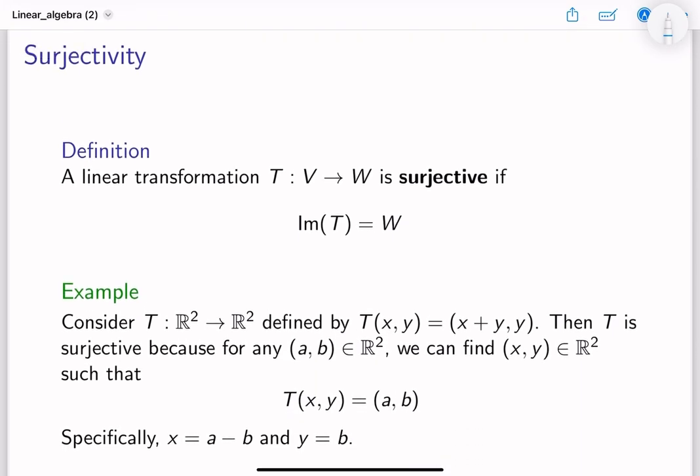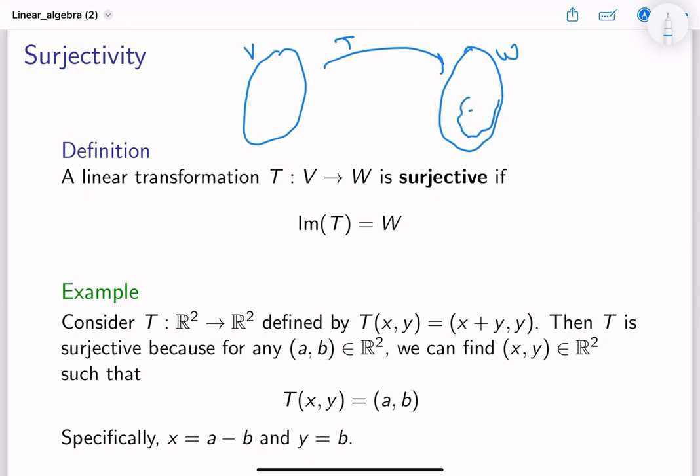transformations. So again, this is what we have. The image, we agreed that the image is a subspace of the codomain. We agreed that the image is actually a subset of the codomain.